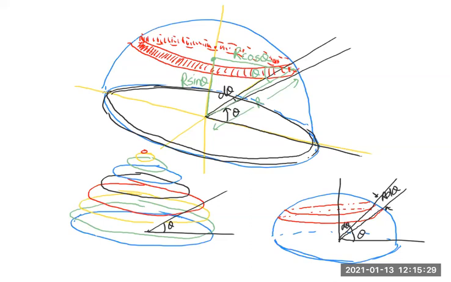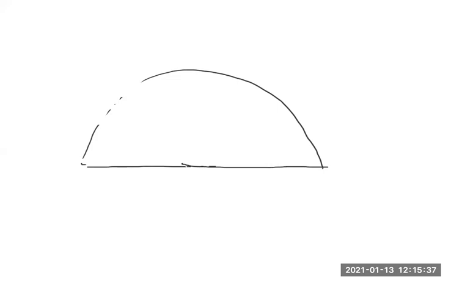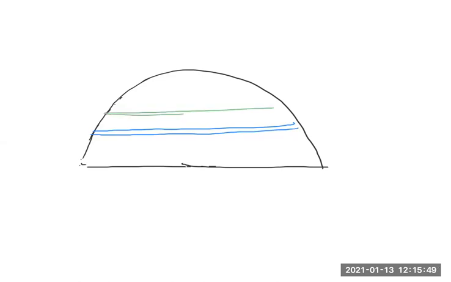Try to think of the thing as, this is the hemisphere, right? So this is one ring, this is another ring. We are looking at it from the side.